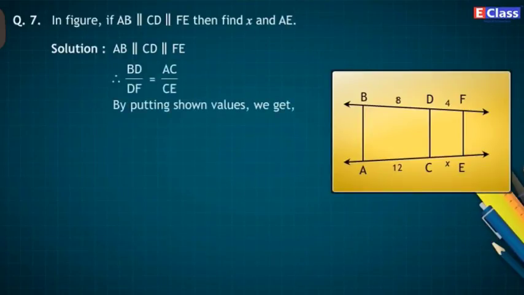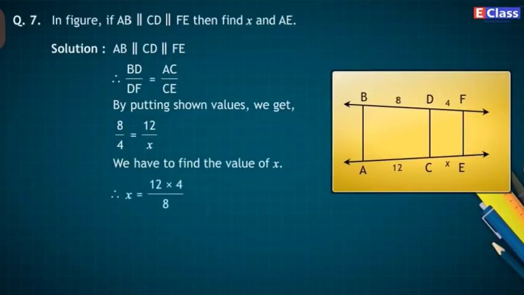By putting the shown values, we get 8 upon 4 is equal to 12 upon X. We have to find the value of X. Hence, X is equal to 12 into 4 upon 8. Hence, X is equal to 48 upon 8. Hence, X is equal to 6. X is equal to CE.